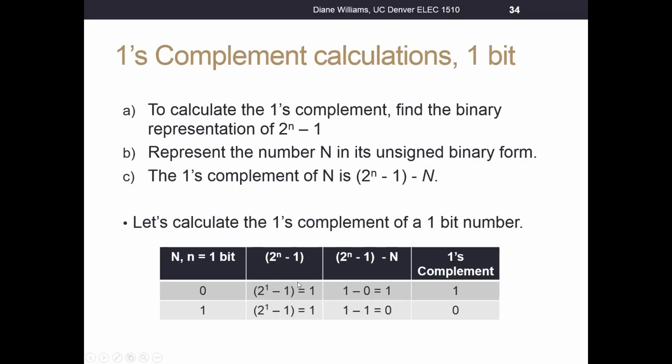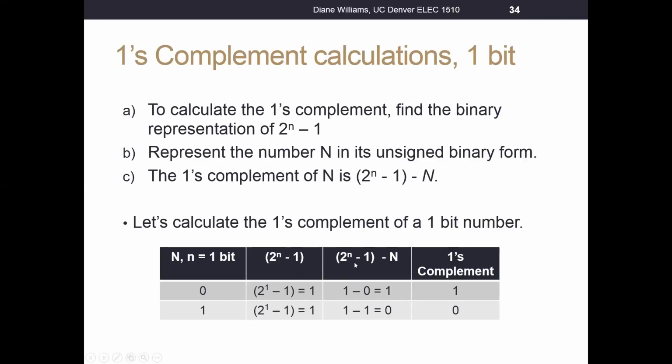Okay, that was a lot of math just to get from here to here, right? But bear with me. Now let's look at the other possibility for n. So when we have a 1-bit binary number, the other value n could take on is the number 1. Once again, this calculation is the same. It's 2 raised to the number of bits. Well, there's only 1 bit, so 2 minus 1 gives me the number 1.